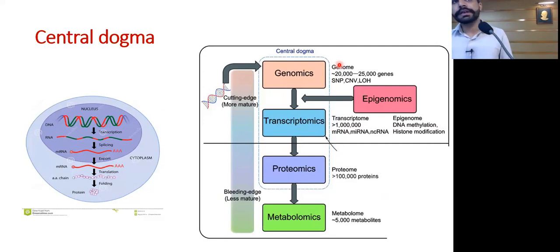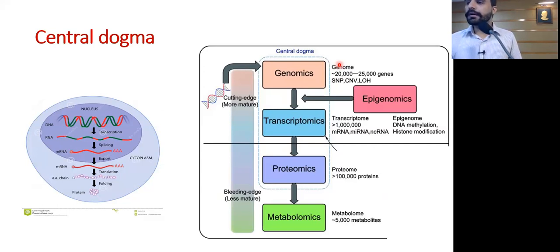Between these two layers, genomics and transcriptomics, there is something known as epigenomics. Epigenomics are the marks, some methylation or acetylation, some marks on the DNA that basically regulate the transcription of genes, and they play a major role in different diseases and development as well.